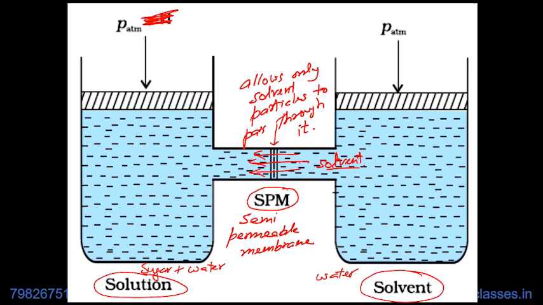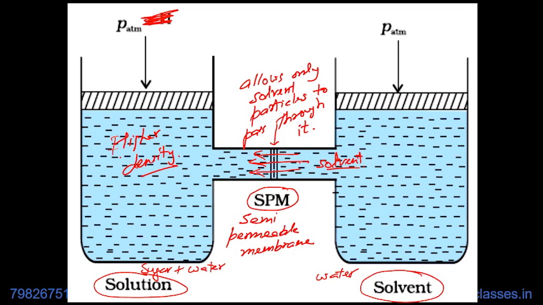So solvent particles will move from right to left so that they can decrease the density. Here the density of the solute is higher, and the system will try to decrease it. So solvent particles will move into the left vessel or beaker.